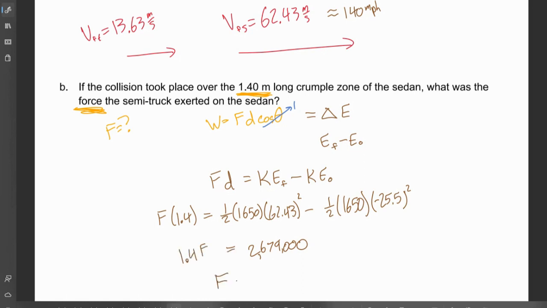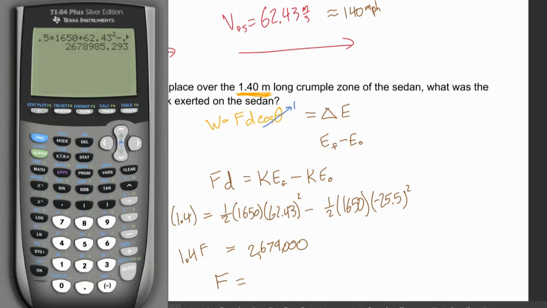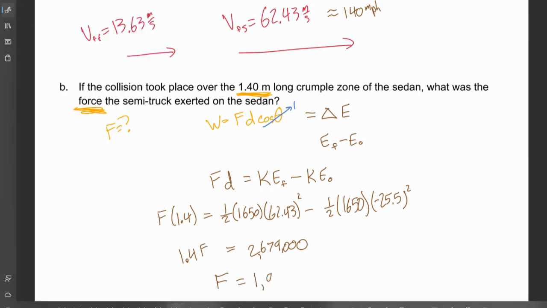Well, this means what was the force exerted on this? Divided by 1.4, we get 1,910,000, 1,910 to 3 sig figs, thousand newtons of force. Holy frickin' heck.